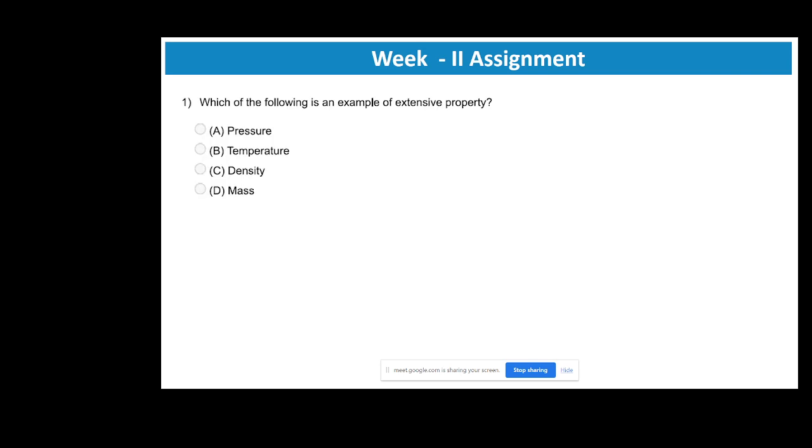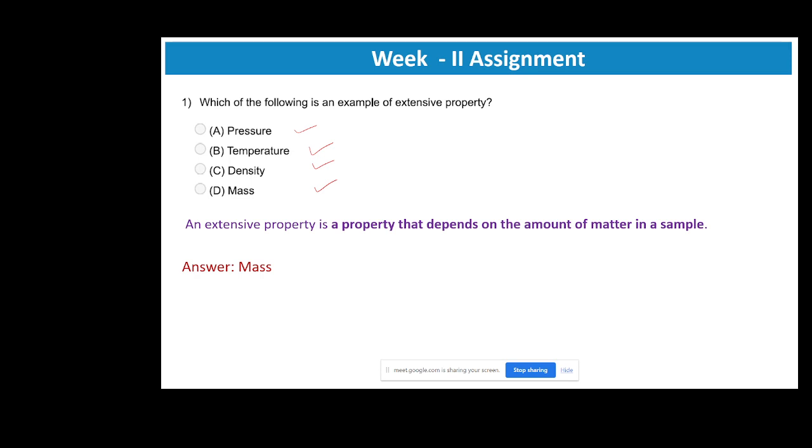So here the first question is, which one of the following is an example of an extensive property? As I mentioned, an extensive property is a property which depends on the mass or the amount of substance that is present. Looking at the options, pressure, temperature, density and mass, mass is the correct answer because it depends on the quantity.